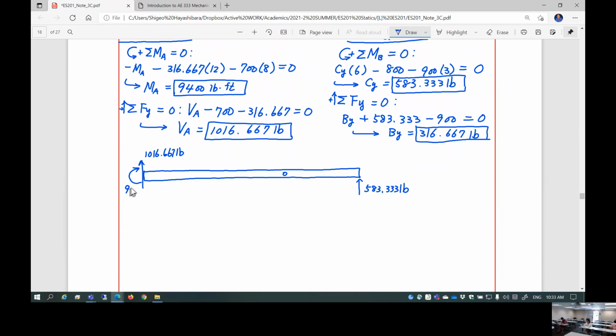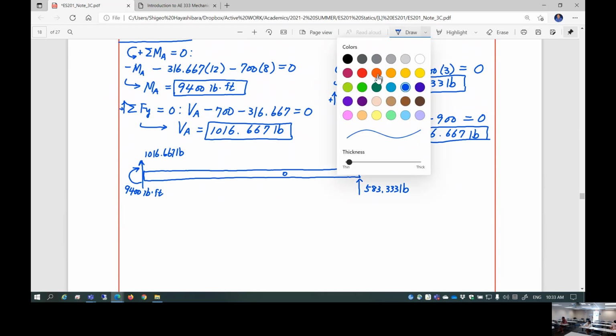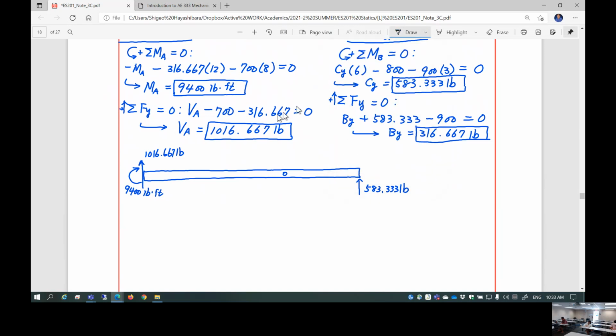I know moment reaction, which is 9,400 pound-foot. Don't forget your external loading, which is right here, 700 pounds. And then don't forget distributed loading, which is 150 pound per foot.